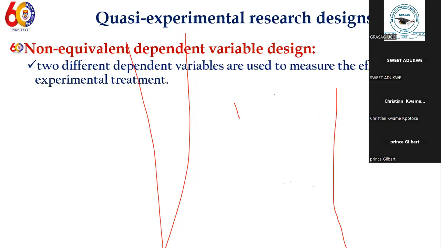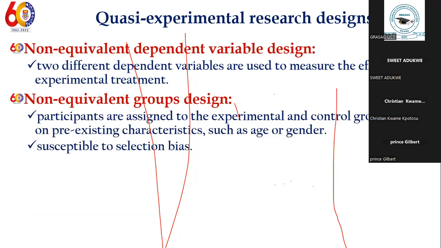Again, when you have the non-equivalent groups, in this case, you see that your study samples are assigned to the experimental or control group based on some pre-existing characteristics. So in one case, we want to see the effect of an intervention, or how males and females differ on a particular intervention.